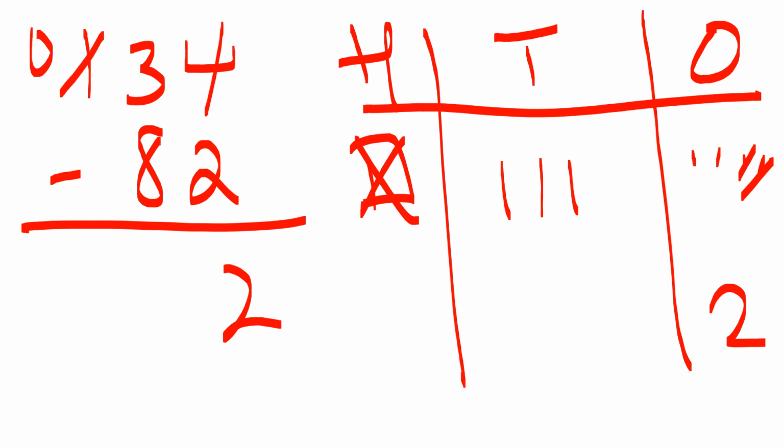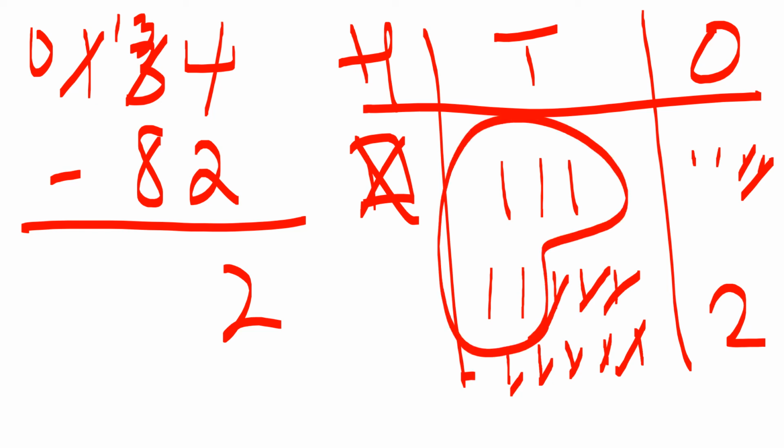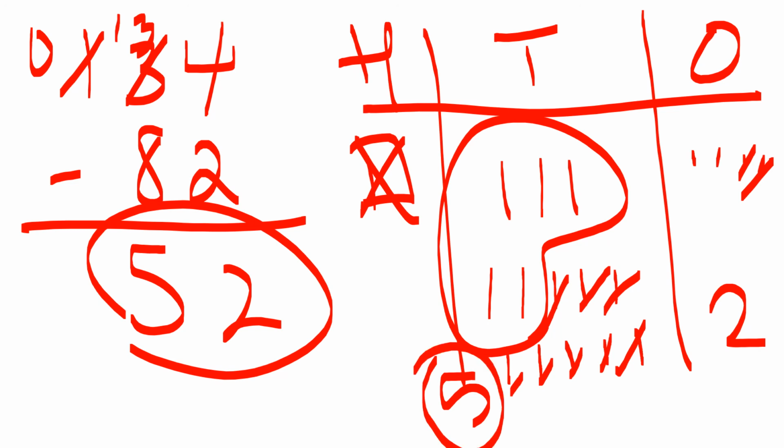And I'm going to count 10, 20, 30, 40, 50, 60, 70, 80, 90, 100. Added up, I have a total of 13 tens. So now I can get rid of my 8. And that leaves me with these 5. And I know 13 minus 8 is equal to 5. So I have my difference here of 52.